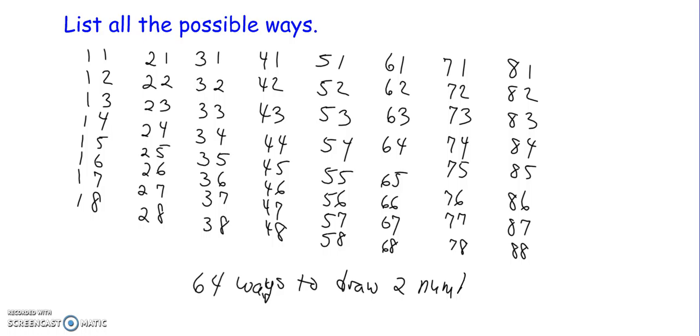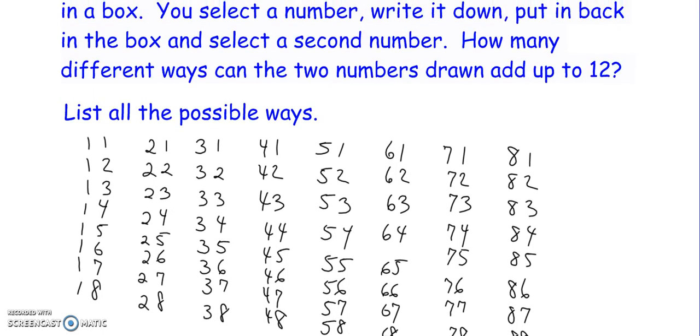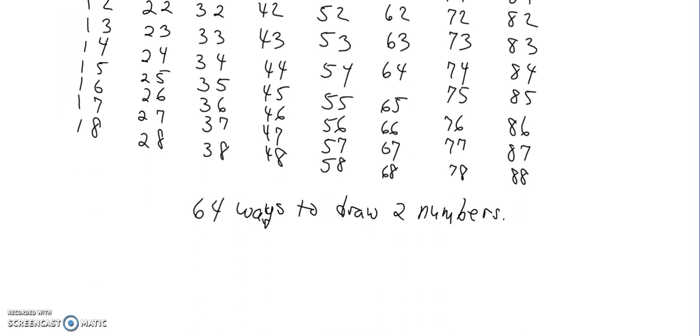Now, I do not expect you to write all of those out on the test. I do it to show you there's an easier way to calculate the number of ways to draw these numbers. If you notice, you had 8 numbers to choose from at the beginning. All right, you replaced that piece of paper. There were still 8 pieces of paper to choose from the second time.